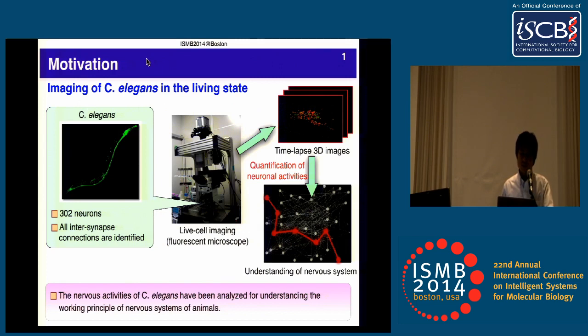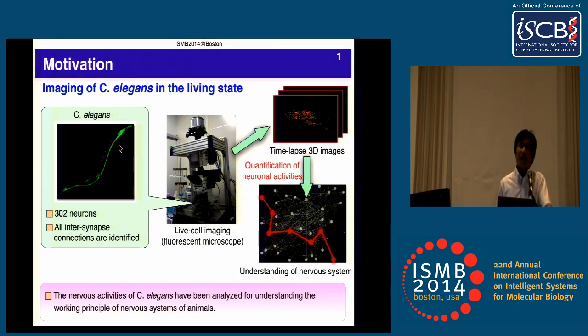This research is motivated by an ongoing project on neuroscience using C. elegans. C. elegans is known to have approximately 300 neurons, and the synaptic connectivity of the circuit has been completely identified, but its working principle is poorly understood.